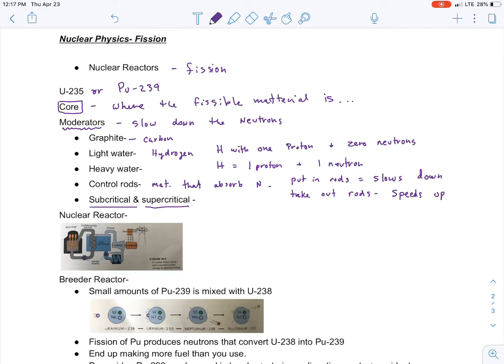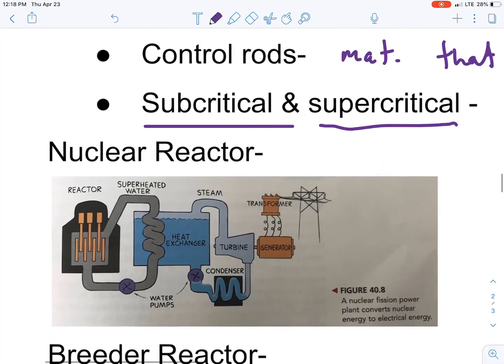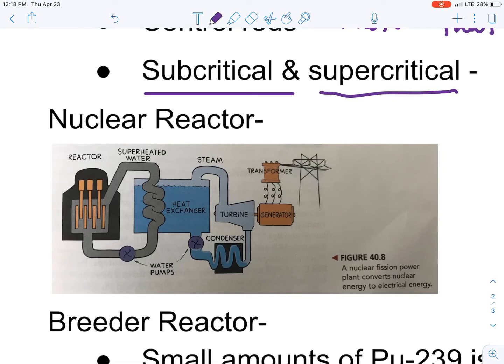And so subcritical and supercritical reactions are not where you want to be. They want to be where they have just the right amount of fission going on. Okay, so let's look at the nuclear reactor. The nuclear reactor, and I'm going to say this, is just a water boiler.